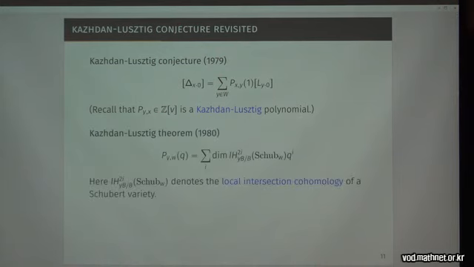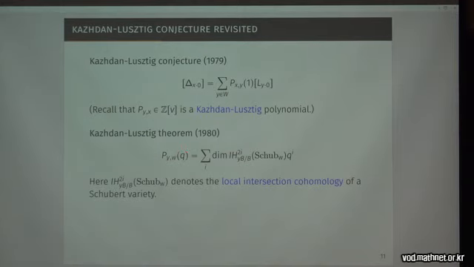And then we have this remarkable theorem of Kazhdan-Lusztig that they proved just after stating their conjecture. I'll try to give you an idea of what this means, but I'm not explaining everything. This is a polynomial in q, defined by some inductive algorithm that only depends on the Weyl group.